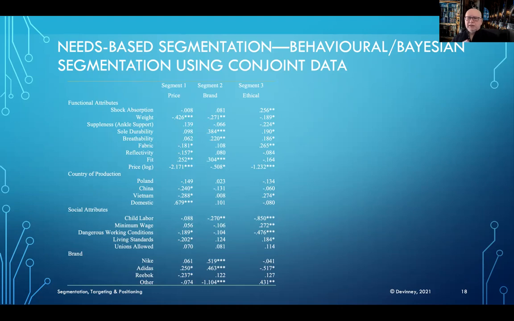The difference here is if you do a regression, for example, you get an equation. Okay, think of it if you had 1,400 consumers, and rather than getting one equation or two, you get 1,400 equations. So for every person, you get an equation, and you segment people based upon the similarity of the equations.